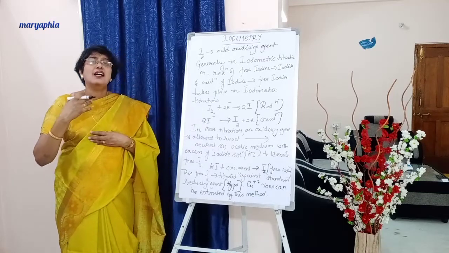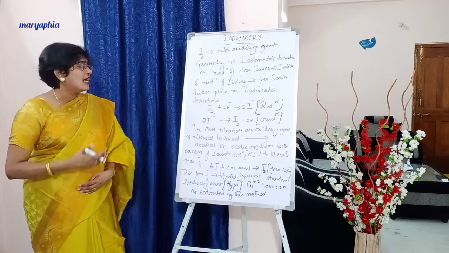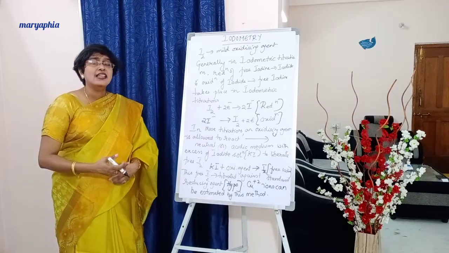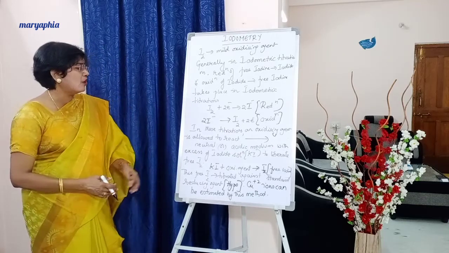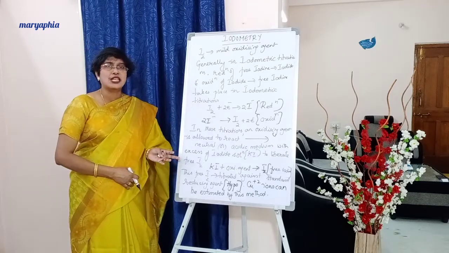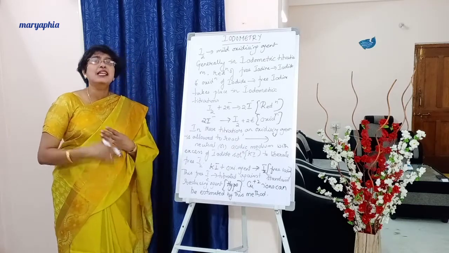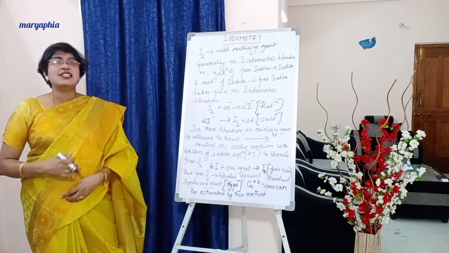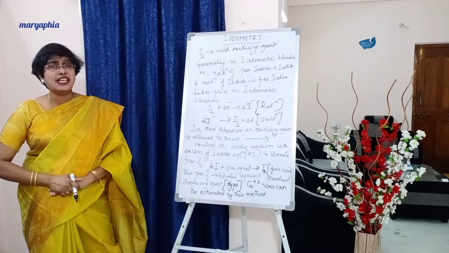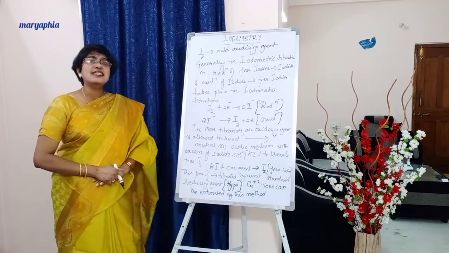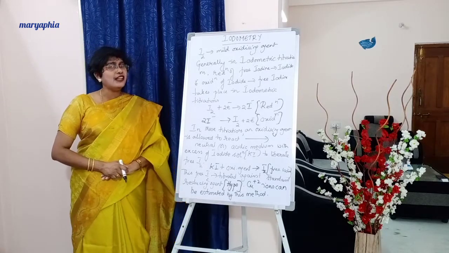Also, students, in these titrations generally an oxidizing agent is made to react with the excess of iodide solution, for example KI. What is KI? Potassium iodide. This takes place in neutral or generally acidic medium, and this is done to liberate free iodine.